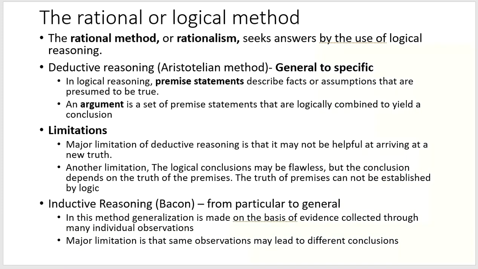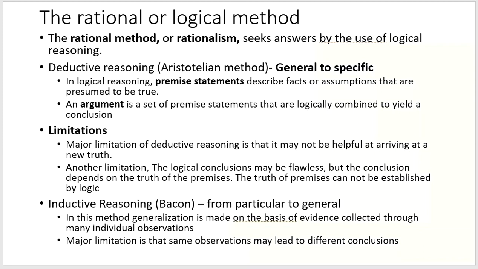If the premises are correct, we judge whether the argument that follows the premise statements is correct or not. An argument is a set of premise statements that are logically combined to yield a conclusion. So based on premise statements, we arrive at a conclusion. This is called the deductive method of reasoning.